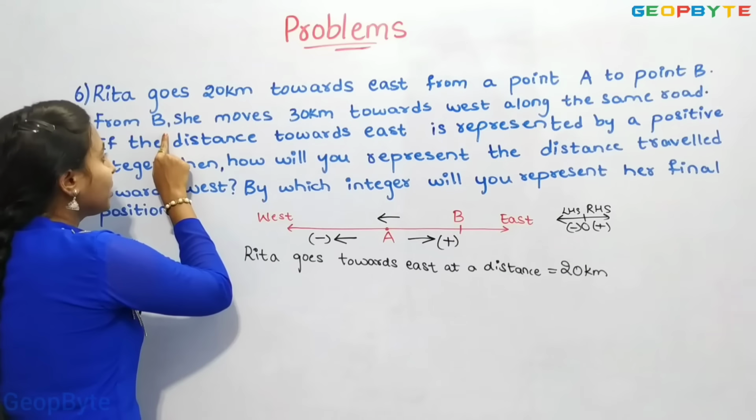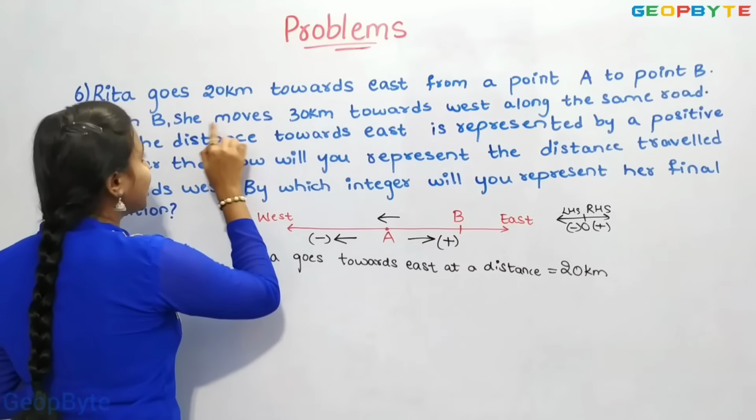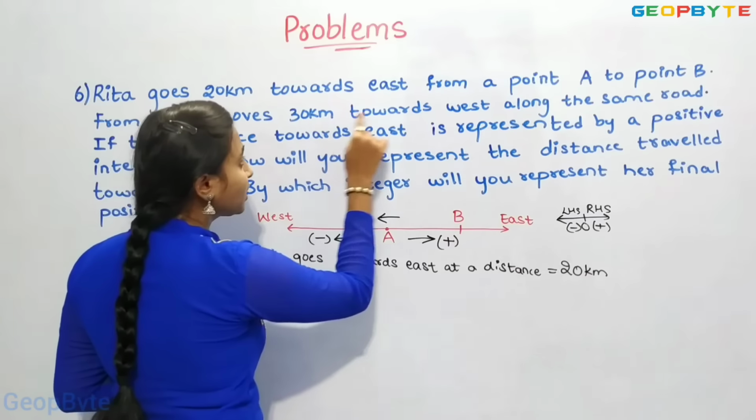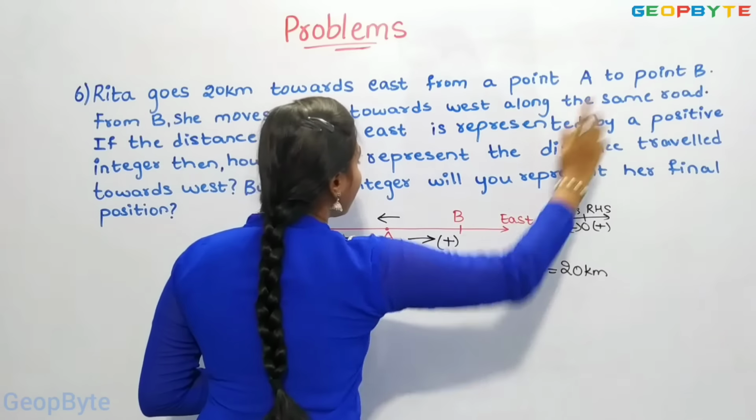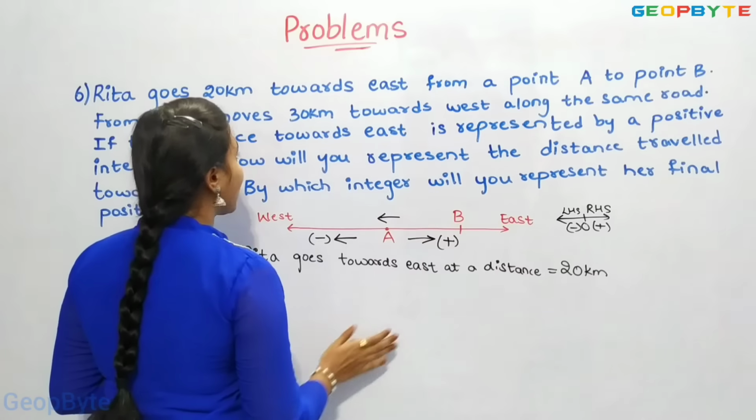And from B, from here, she moves 30 kilometers towards west along the same road. She moves this side.